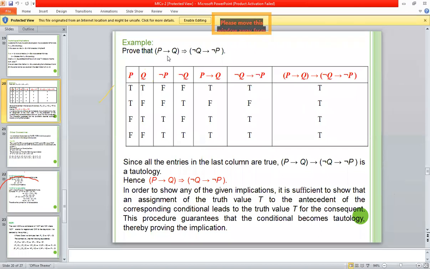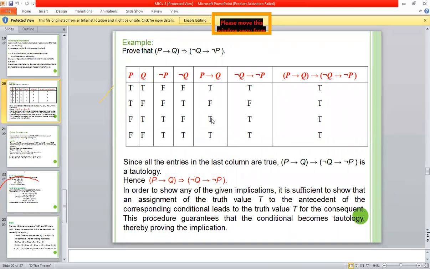So LHS of the given formula, P implication Q. What is the rule of implication? When P is true and Q is false, then their compound statement is false. So in the second case, P having truth value true and Q having truth value false, their compound statement gives the truth value false.